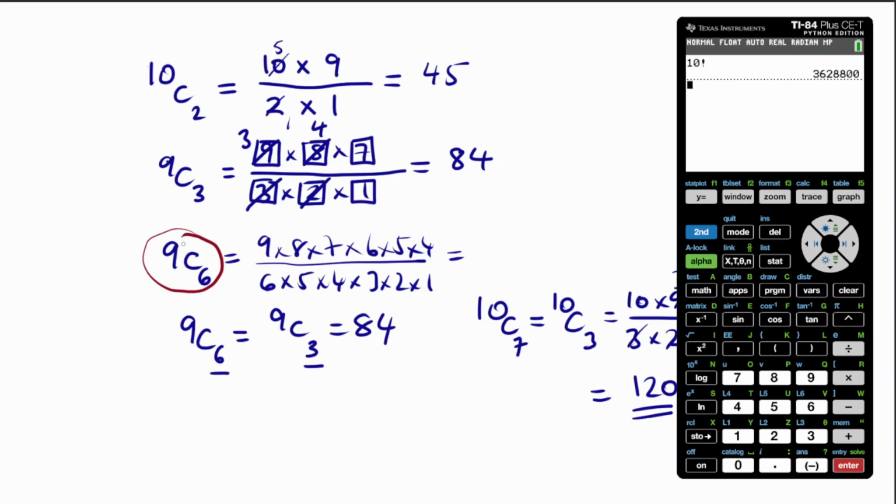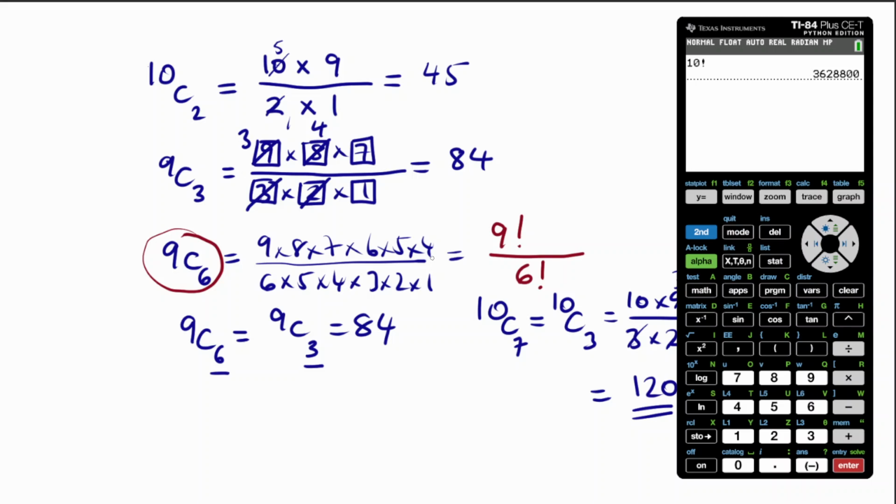Can we see how that is formed and then see if we can work out what the formula is? Now, can you see that on the top we have 9 times, well, let's do the bottom first, which is easy. The bottom is 6 times 5 times 4 times 3 times 2 times 1. That's obviously just 6 factorial, isn't it?